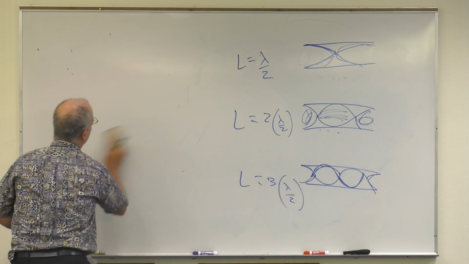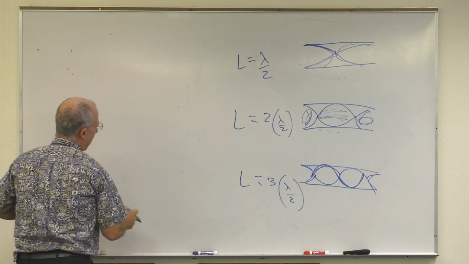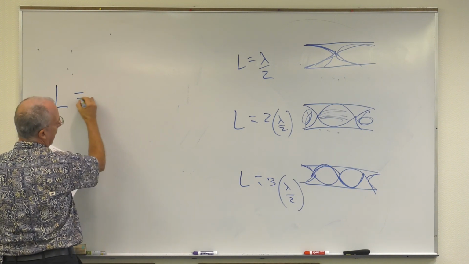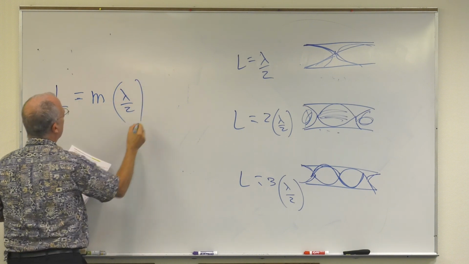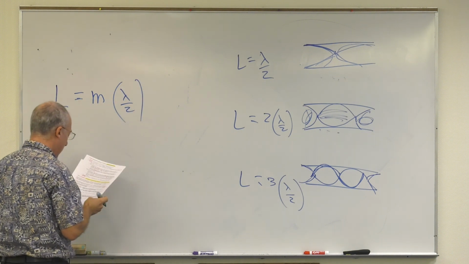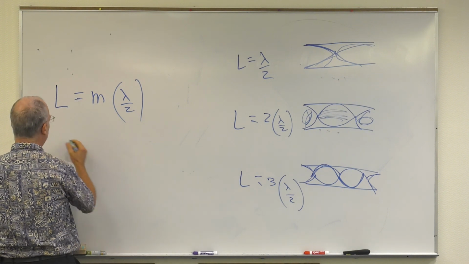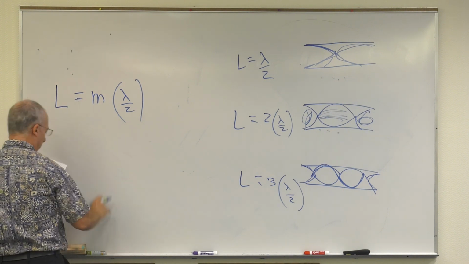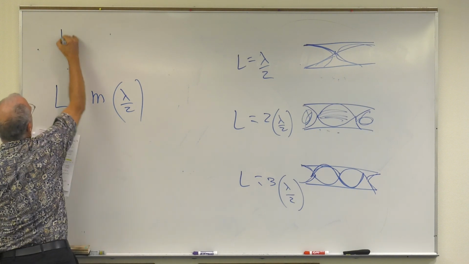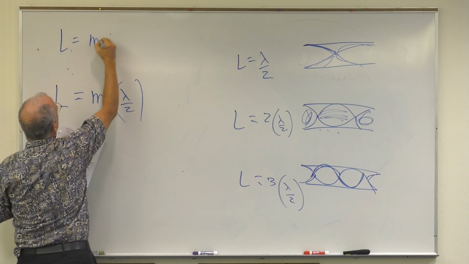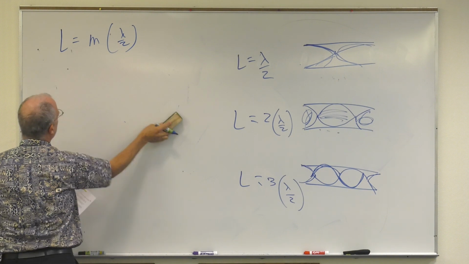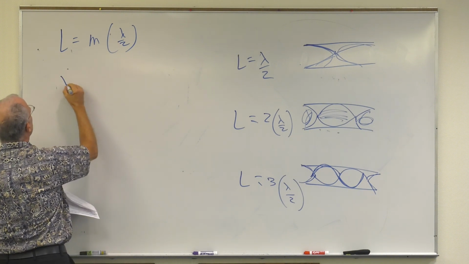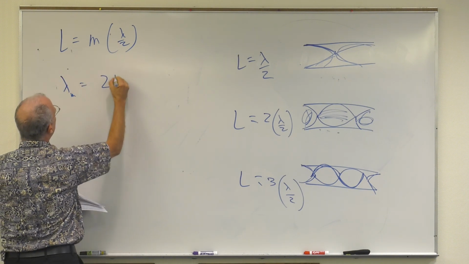So then we have the length is m lambda over 2, right? That's all. So let me write that up here. The length is m lambda over 2. So therefore, solve for lambda: lambda equals 2L over m.